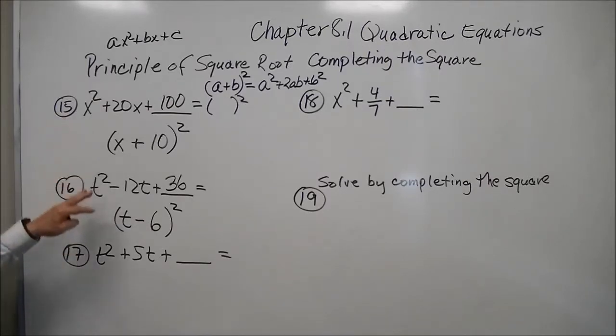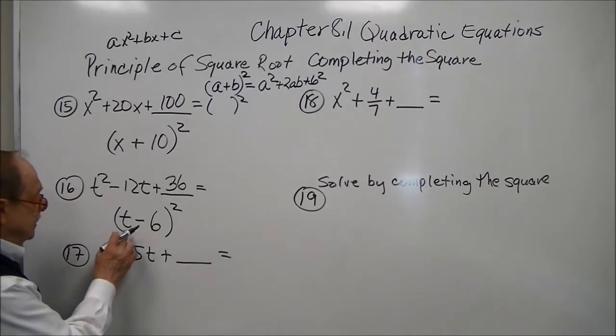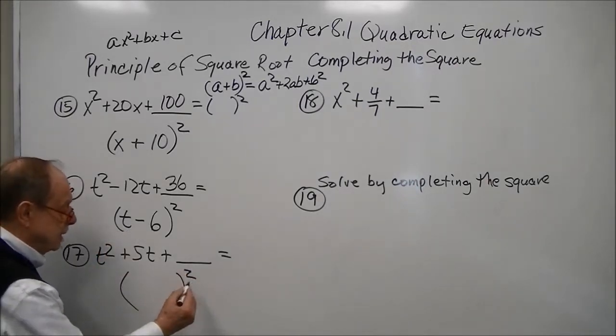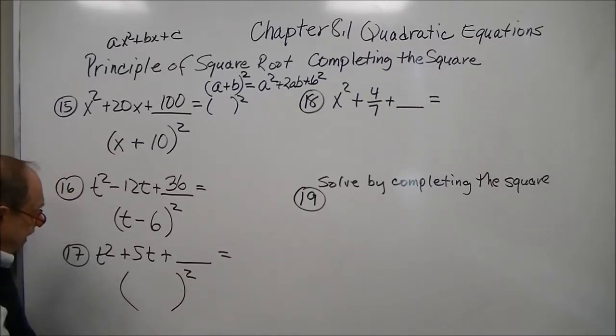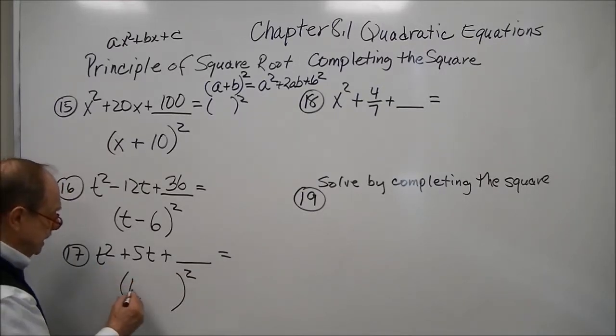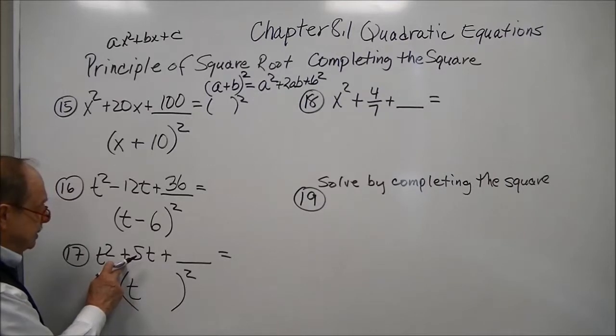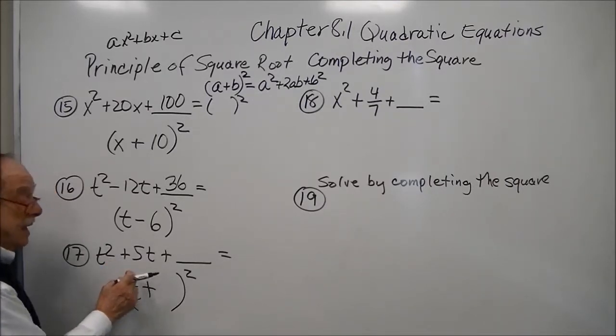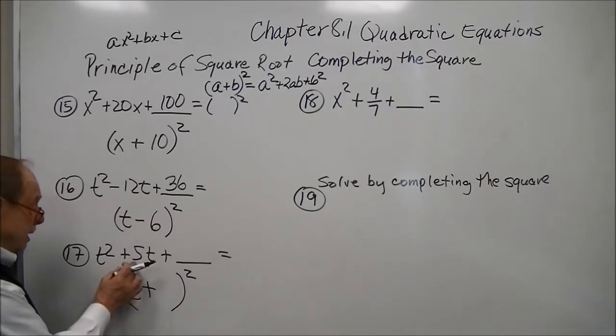Okay, well, they gave us a couple of easy ones. Now they're giving us something more challenging. But again, same technique. Make a parenthesis, put a squared there. We know this is going to be t, and this is going to be a plus. Now, we have to take half of this term, the 5.